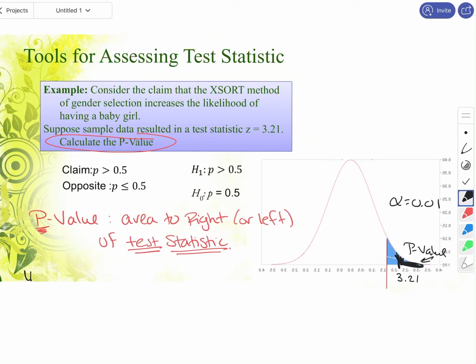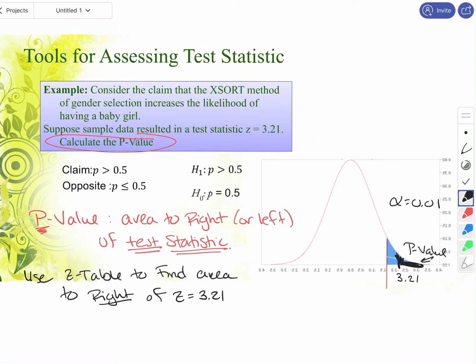And here's how you find it. We're going to use the standard normal distribution chart. So use the z-table to find the area, in this case to the right, of z equals 3.21, our test statistic. Now remember, your z-table gives you areas to the left.